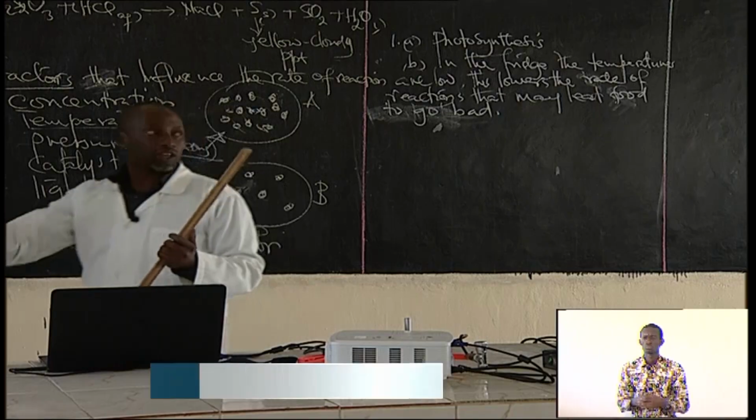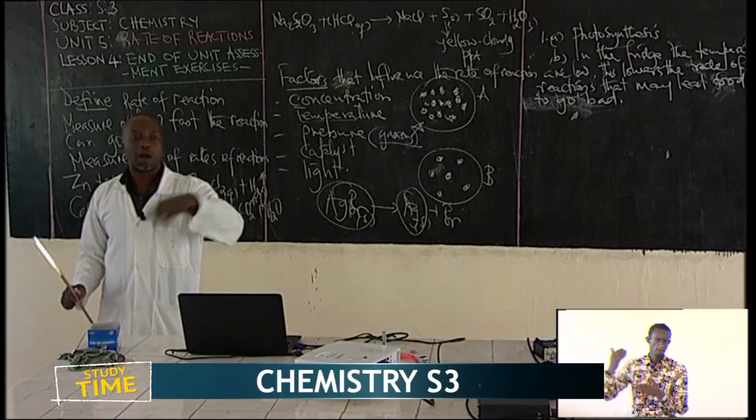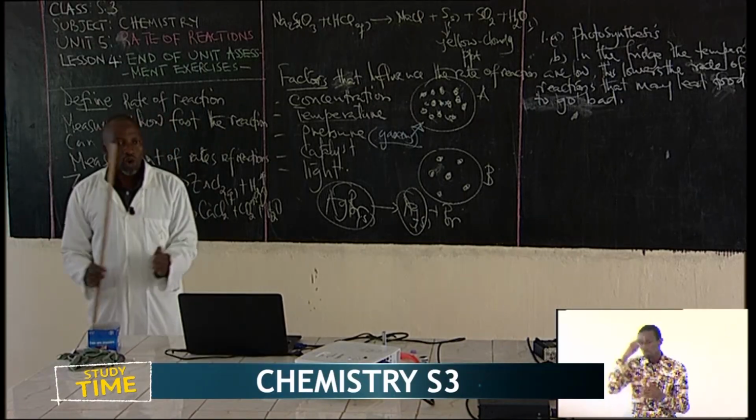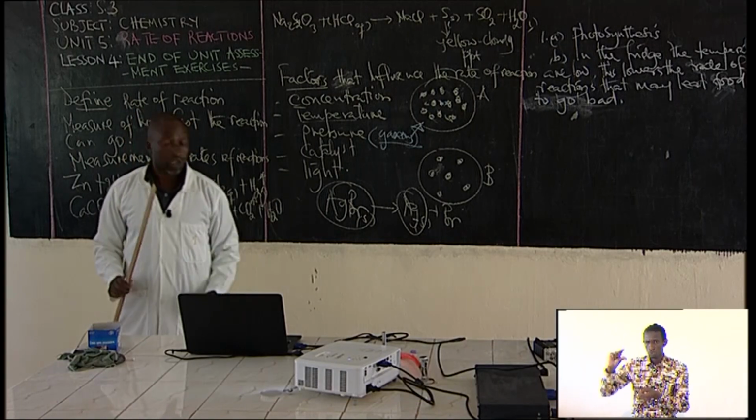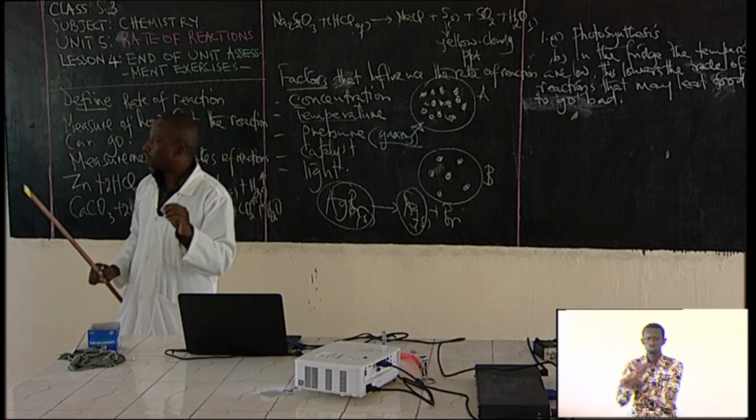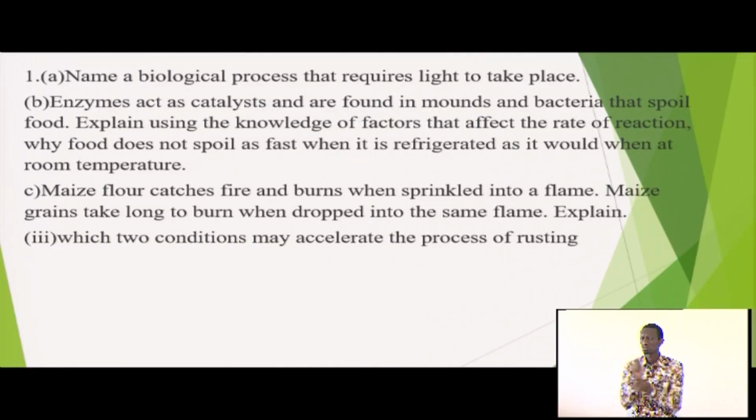It is just the effect of temperature that is being applied in here, lowering the temperature. So that means the reactions that lead to the food being spoiled will go low.